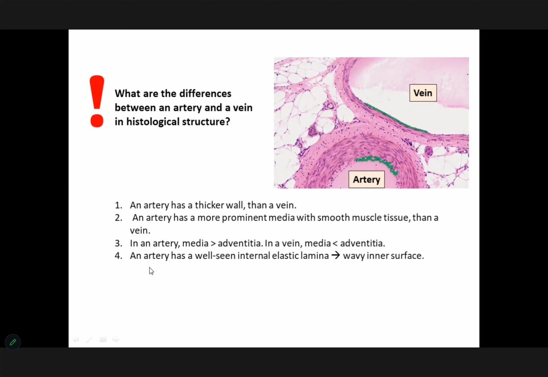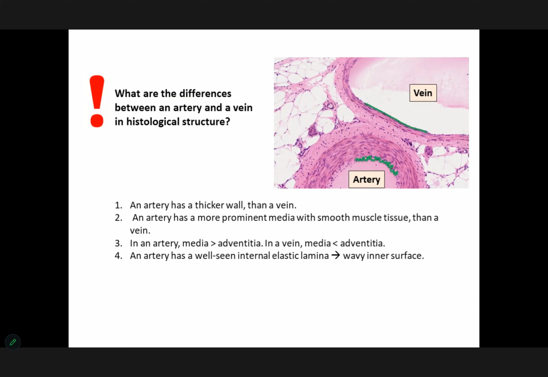Number 4, an artery has a well-seen internal elastic lamina. It is highlighted here in green, and this is why the inner surface of the artery looks wavy, with waves. This is because of internal elastic membrane or internal elastic lamina.